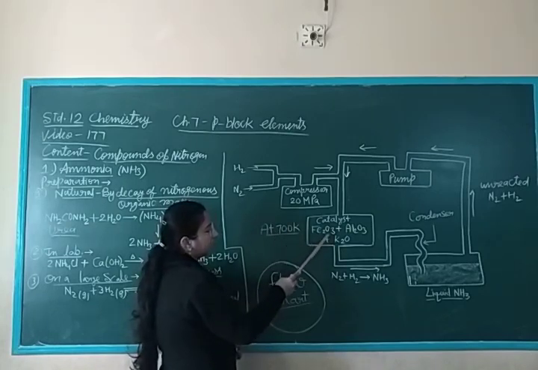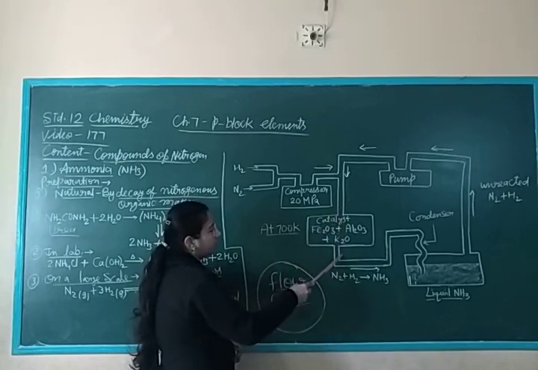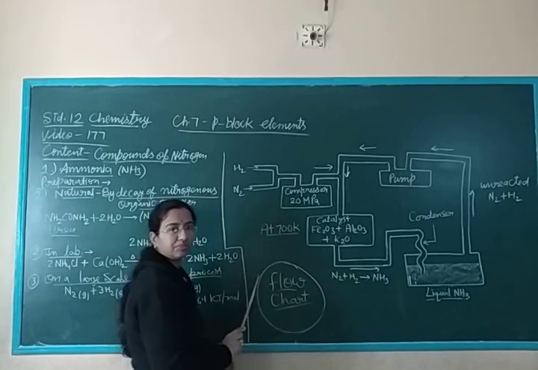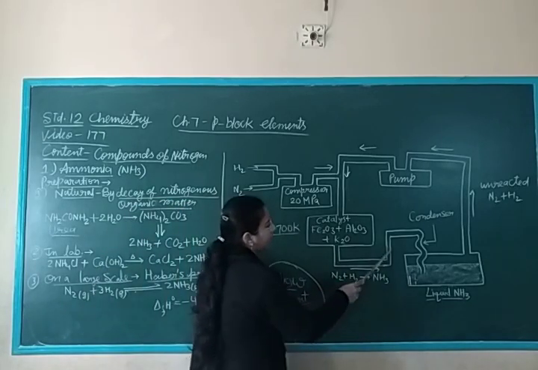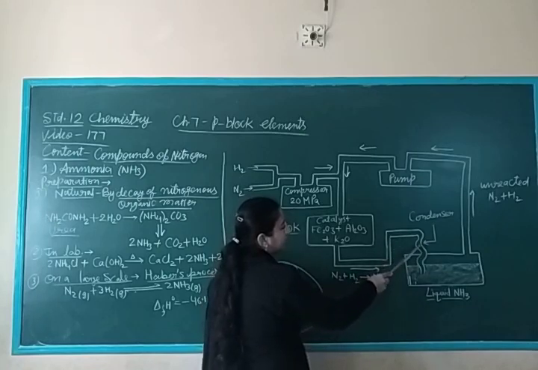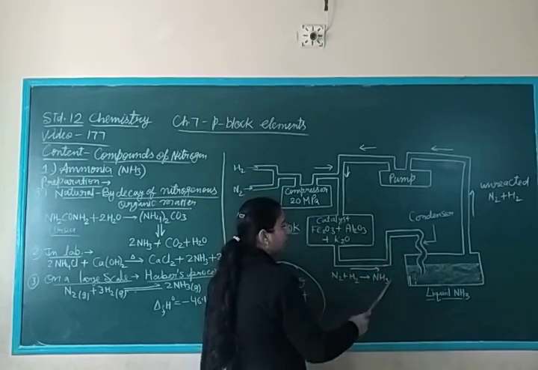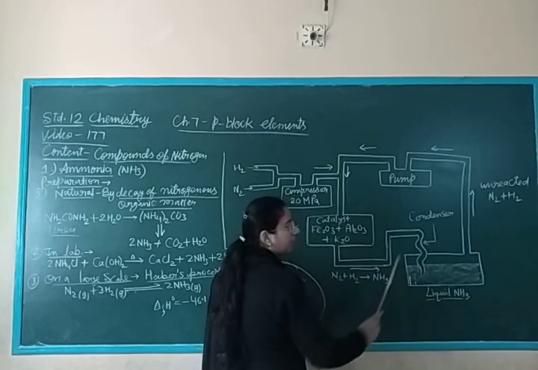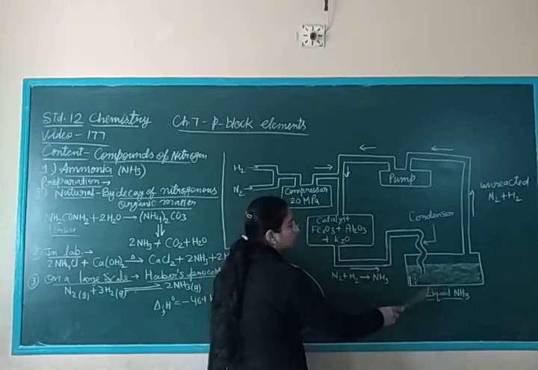The catalyst is iron oxide, aluminum oxide and potassium oxide. In the presence of the catalyst and temperature, nitrogen and hydrogen gas convert into ammonia gas. Then the ammonia gas goes to this tube, which is the condenser, and in the condenser the ammonia gas condenses into liquid ammonia.